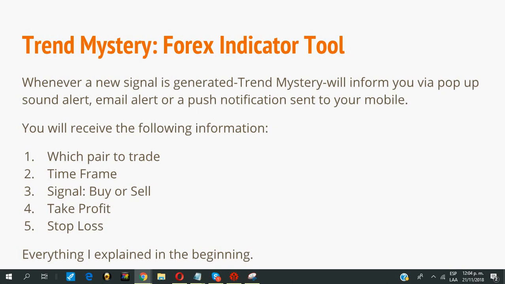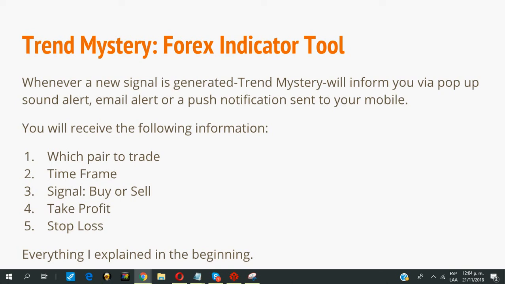Whenever a new signal is generated, Trend Mystery will inform you via pop-up sound alert, email alert, or a push notification sent to your mobile. You will receive the following information: which pair to trade, the time frame, the price entry level, the signal if it's a buy or a sell, the take profit, and the stop loss.